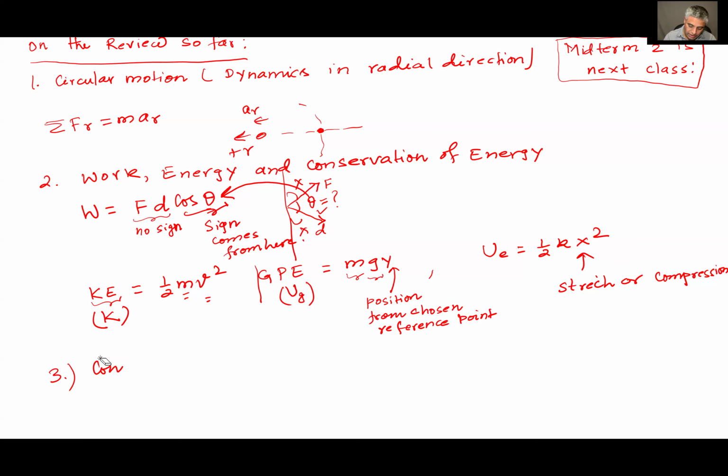Oh, it is part of that. So let's just write conservation of energy. So when friction is not present, conservation of energy is basically total final energy is equal to total initial energy. Okay.